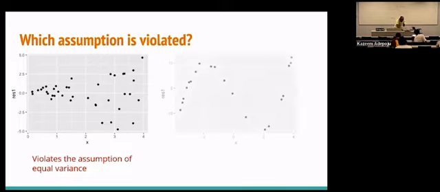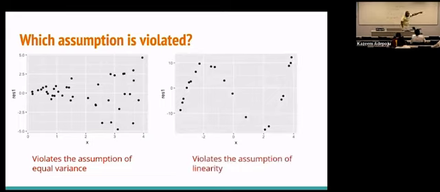Take a look at this one now. When the residual plot looks like that, like a wave, that's a pattern. A wave is a pattern. When a residual plot has a pattern, you know what happened? Violation of linearity. Take a look at that. The other graph is a violation of linearity.